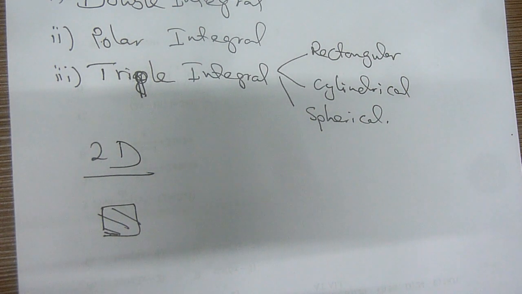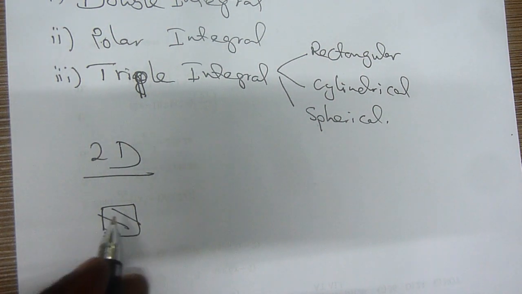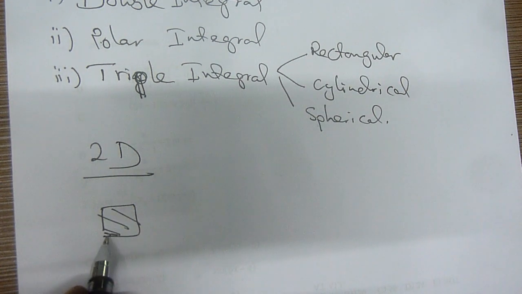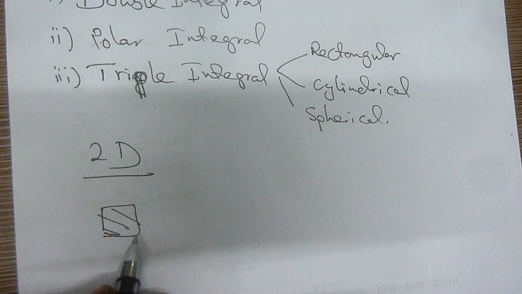The coordinate system that so far you all learned in 2D, we are trying to use what we call rectangular base. In this rectangular base coordinate system, we are trying to imagine a small rectangle. Let's say this rectangle is too small.